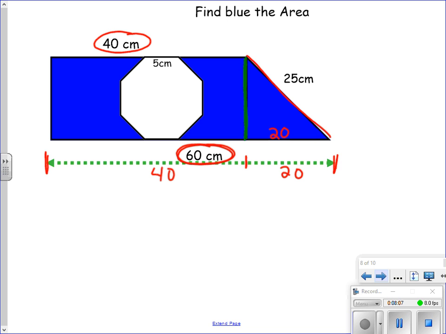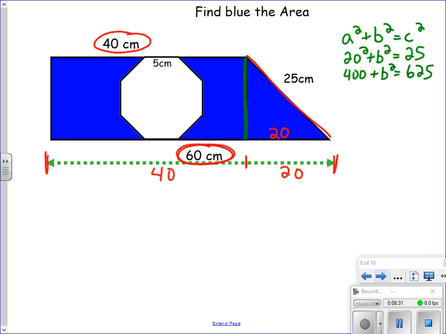by using Pythagoras' theorem. So that would be a squared plus b squared equals c squared. And a is 20, b we're trying to find, and c we know is 25. So we're going to do a squared. 20 times 20 is 400, plus b squared, we don't know, is 25 times 25, which is 625.